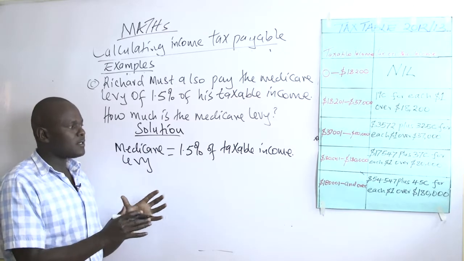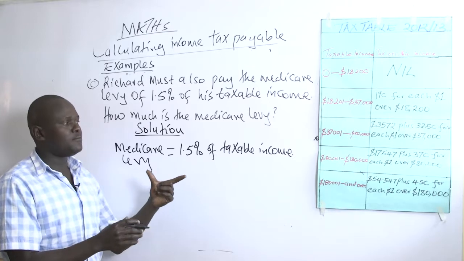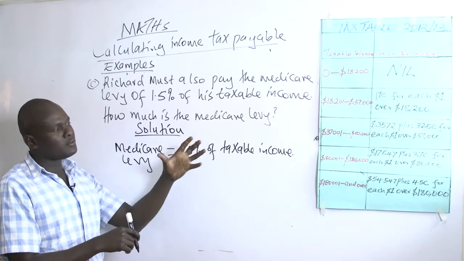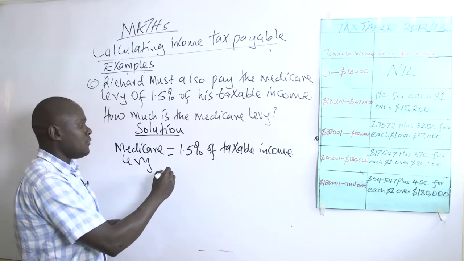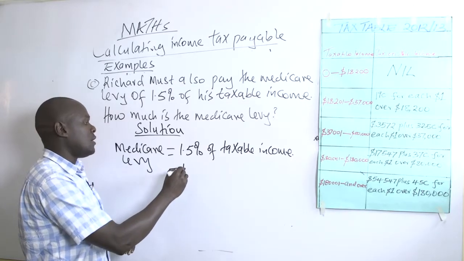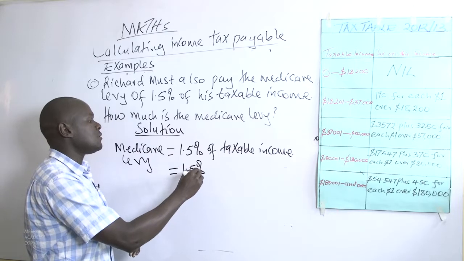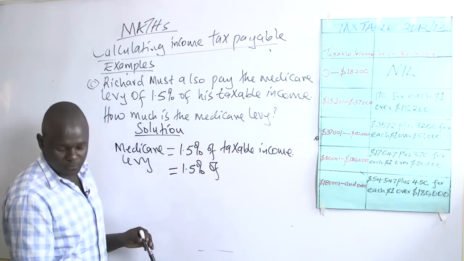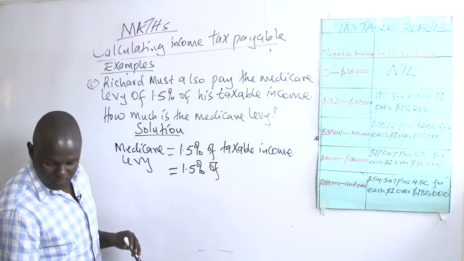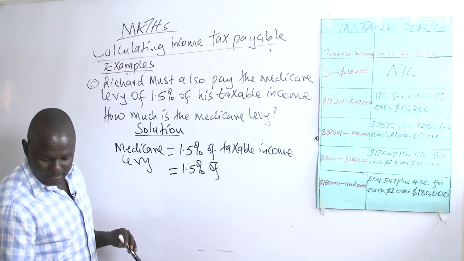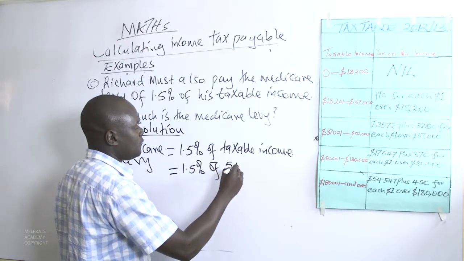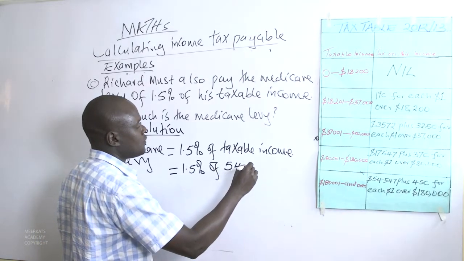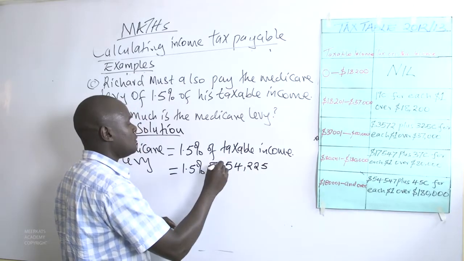So the moment we get our taxable income, that is the figure that we are going to use. In this question, we have already calculated our taxable income, which we calculated in the first question, and it was $54,225.